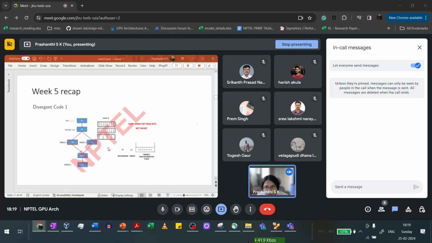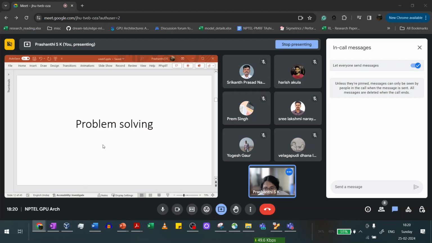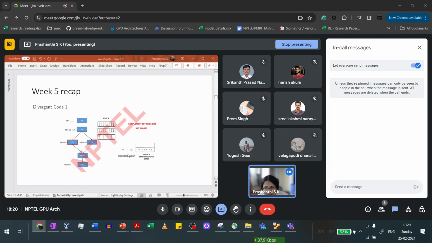Once that finishes executing, you complement all the bits. You flip them so that the threads needed for the other branch execute. For instance, here it's a simple even odd check. So the first time, one set of threads will execute and the other half will execute in the other branch. Yeah, so that's about the recap.